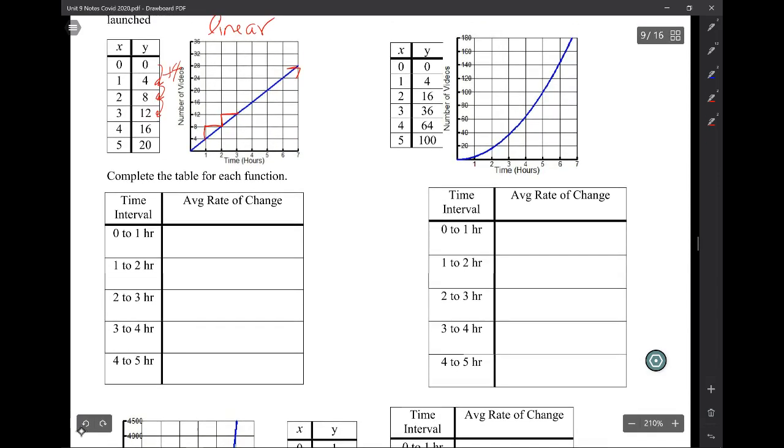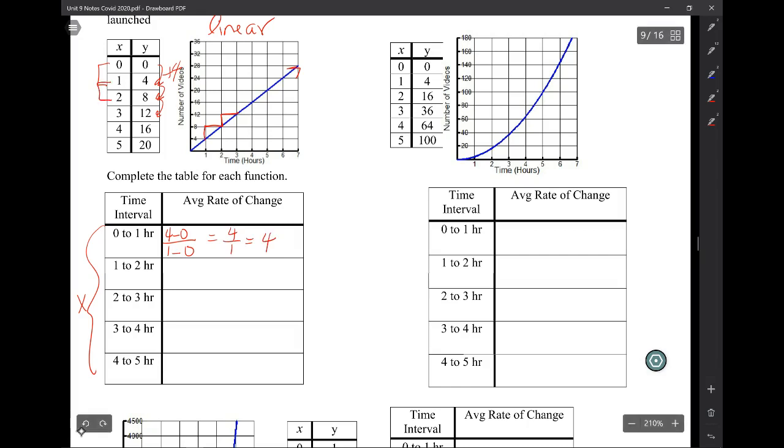All right, so let's take a look at the first example here, from 0 to 1. If I am going to find the average rate of change for the x values in our chart from 0 to 1, y2 minus y1 over x2 minus x1, that is going to give me 4 over 1, which is an average rate of change of 4.